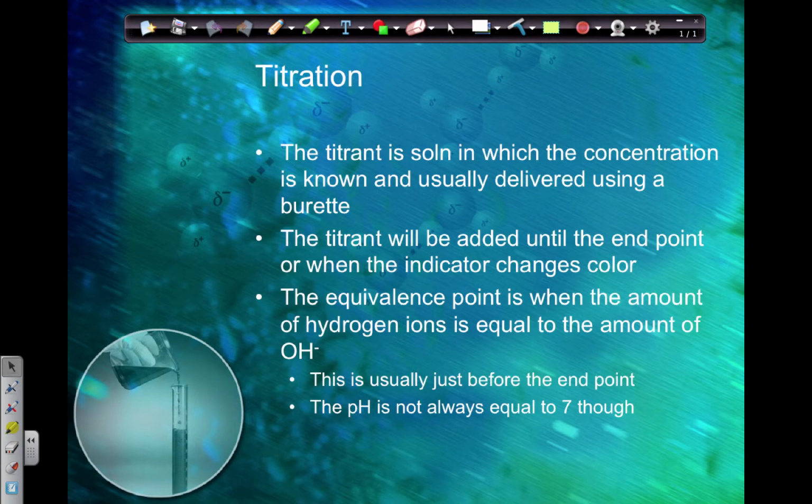Right after you add a little bit more of the titrant, the indicator changes colors. So the equivalence point is usually just before the end point. The pH is usually 7 if you're adding an acid to a base or vice versa, but not always. You'll see cases like that when we get to the acid-base unit.